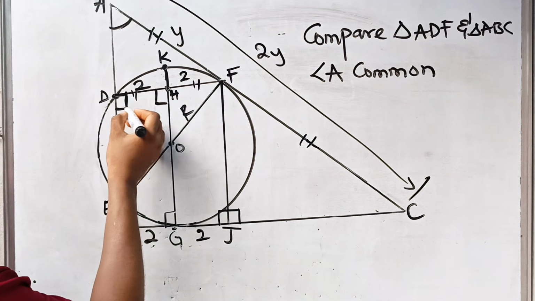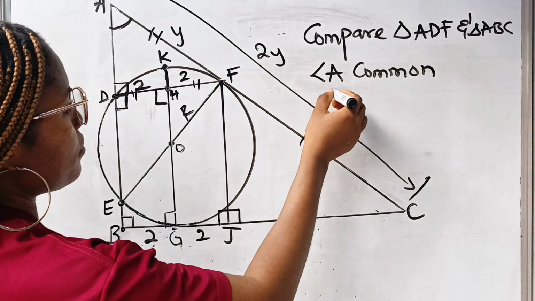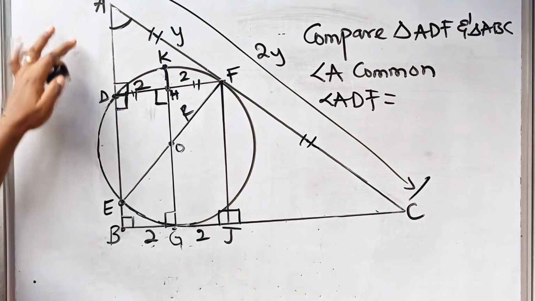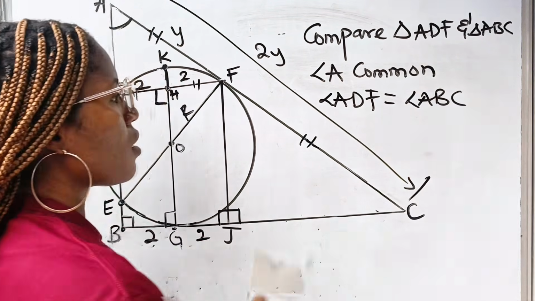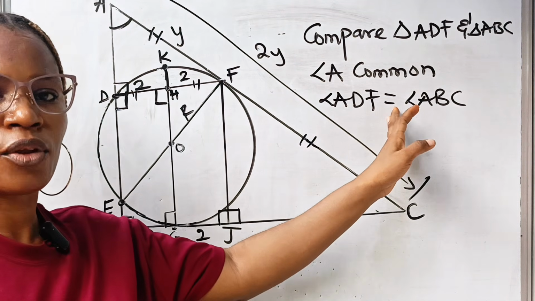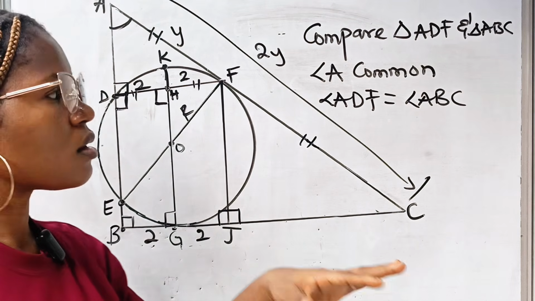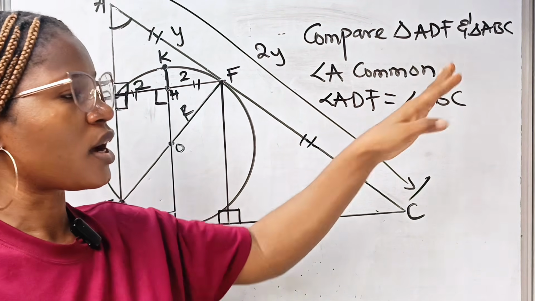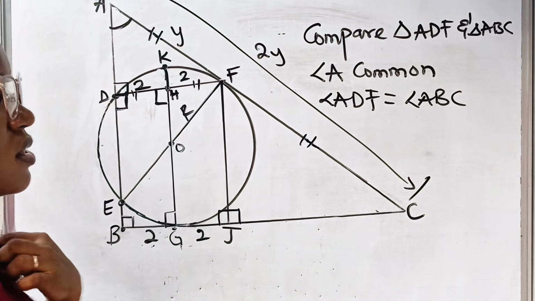Since here is 90, that means here is 90. That means angle ADF is equal to angle ABC. So this alone is enough to qualify these two triangles to be similar. So triangle ADF and triangle ABC are similar triangles.